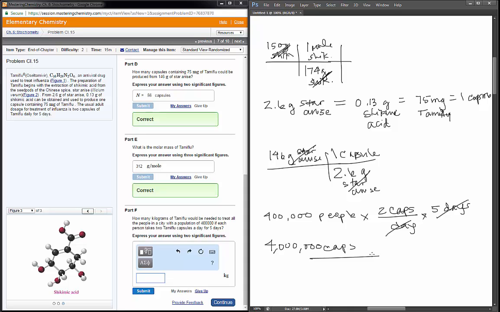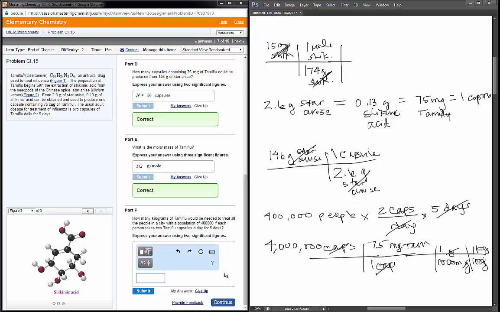Now they want to know how many kilograms of Tamiflu, and we just saw that every 1 capsule contains 75 milligrams of Tamiflu. I'm putting the capsule on the bottom, so those will cancel. So 4 million capsules multiplied by 75 milligrams per capsule, but they wanted kilograms, not milligrams. So we have to remember that there are 1,000 milligrams in 1 gram. That takes me to grams. And that there are 1,000 grams in 1 kilogram.